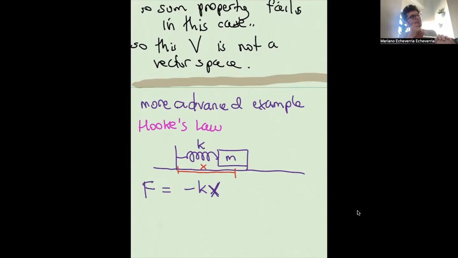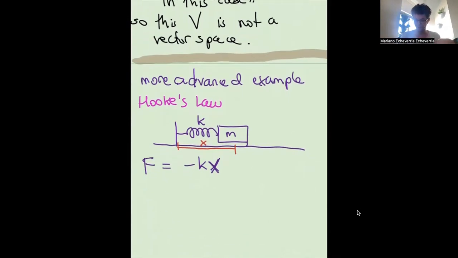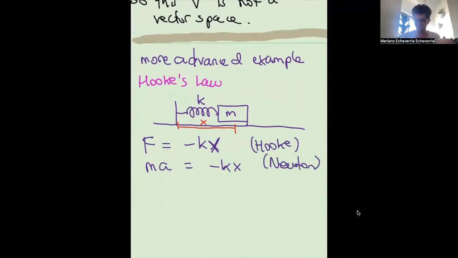Okay. But I don't know if you remember Newton's second law, that the force equals mass times acceleration, right? So sometimes a way you can write Hooke's law is that ma plus kx equals 0.